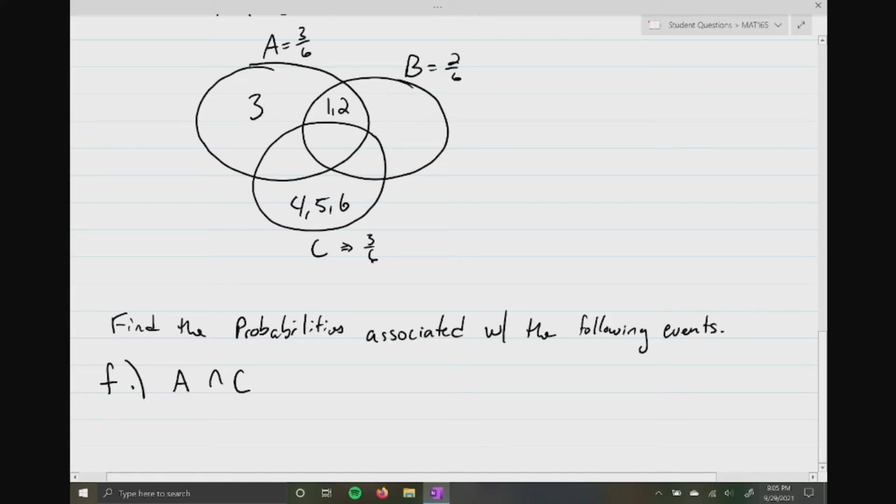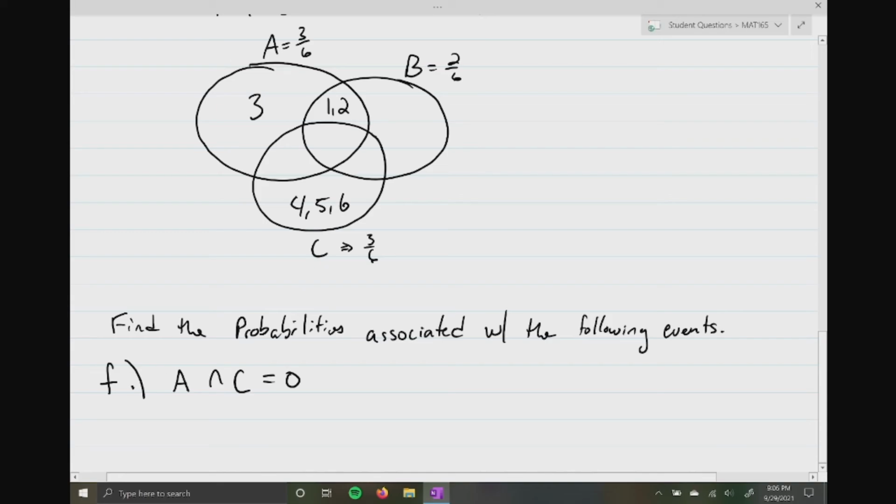I'm going to shade it in. So A intersection C is right here. There's nothing there. So that's going to equal 0. Actually, I have to hit Control-Z twice so I can get rid of that. There we go. That looks so much better now. A intersection C is 0.